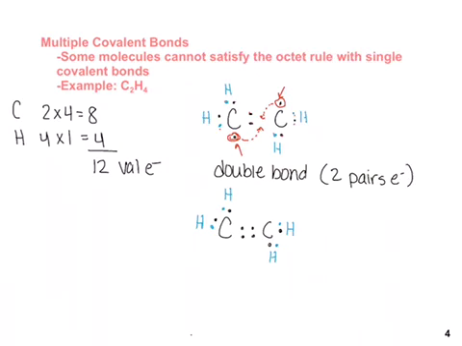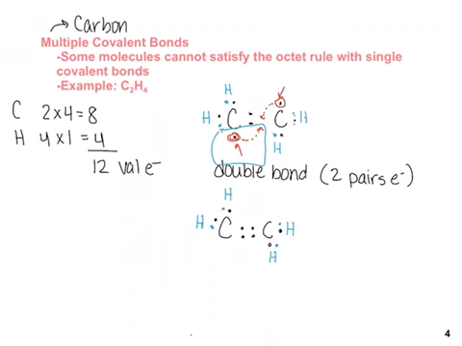And so if you ever are in the situation where you have those unpaired electrons, they would need to go in and form a double or even sometimes a triple bond. And so carbon is very common to have these multiple bonds.